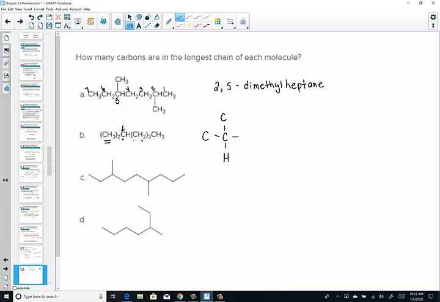Then we see CH2 taken 3 times. That means we're going to have 3 carbons in a row. The CH2 is telling us that those bonds are hydrogens. Right? So CH3, CH3, CH, CH2, CH2, CH2, and then we see the terminal end, CH3.